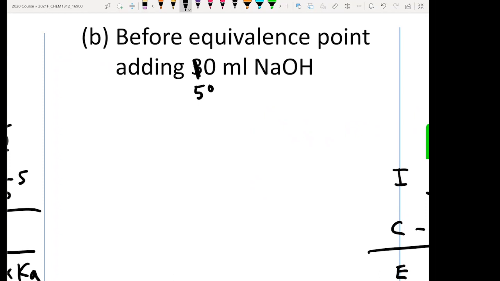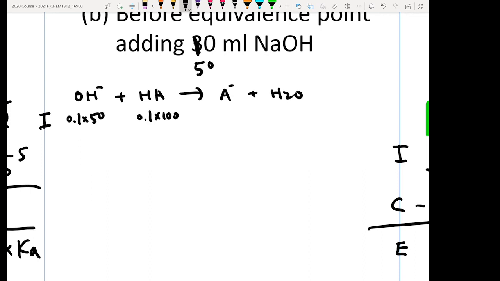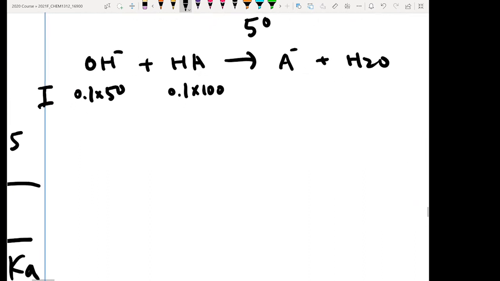In this case, if you do these things again, OH minus plus your HA gives you A minus plus H2O. In the beginning, you have 0.1 M times 100 mL of HA, and I add in 0.1 M times 50 mL of OH minus. The limiting reagent is your titrant, the OH minus. This will be fully consumed.